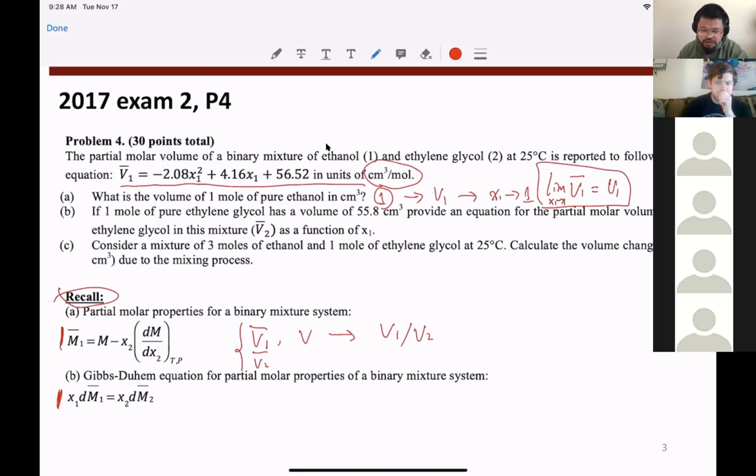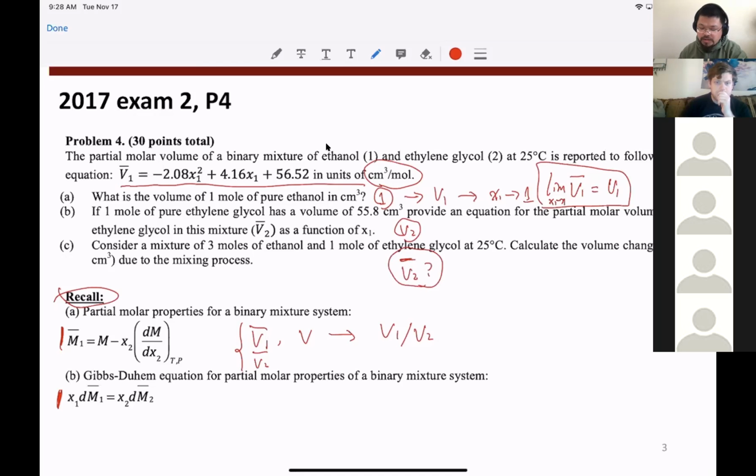Then you should have the answer to part A. The second is if 1 mole of pure ethylene glycol has a volume, well, this is V2, V2 of the pure. Then we need to calculate V2 partial.